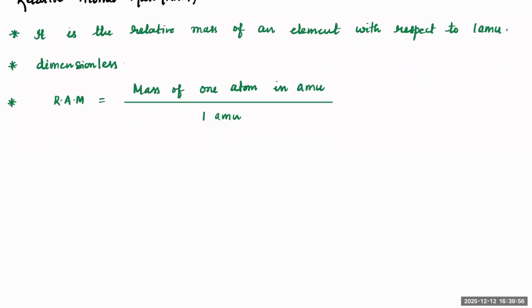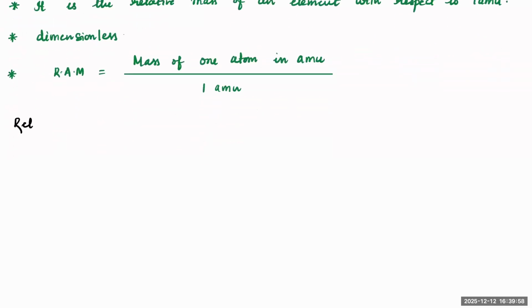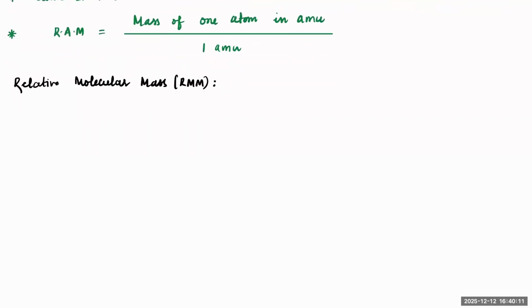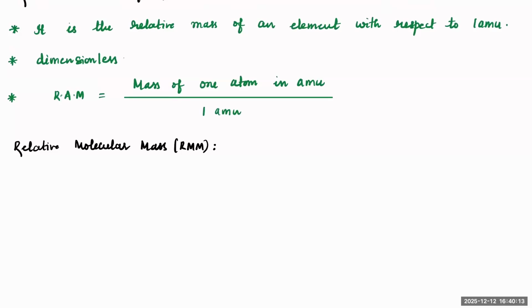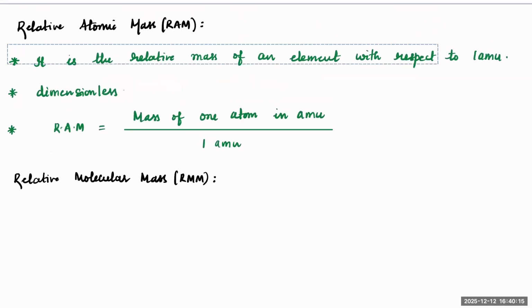And likewise, I have another term, relative molecular mass. Relative molecular mass, RMM. So it is the same thing. By definition, you can see, I can just copy this part here.